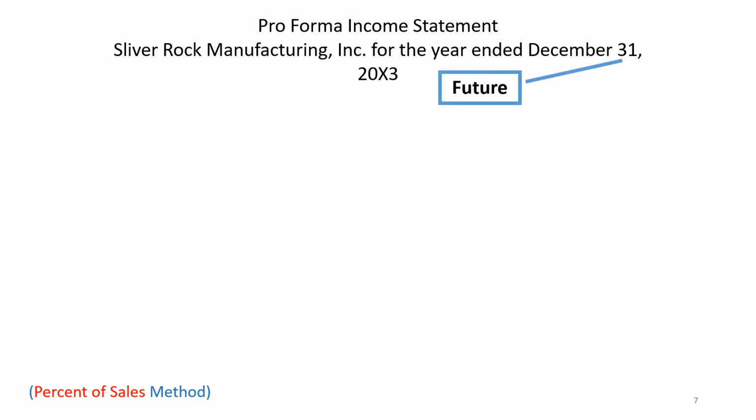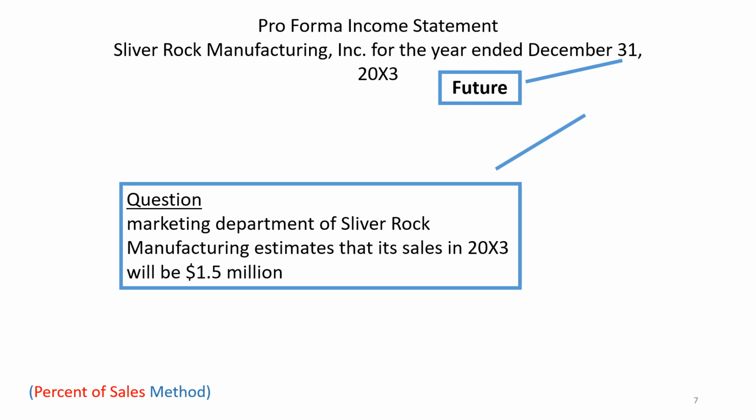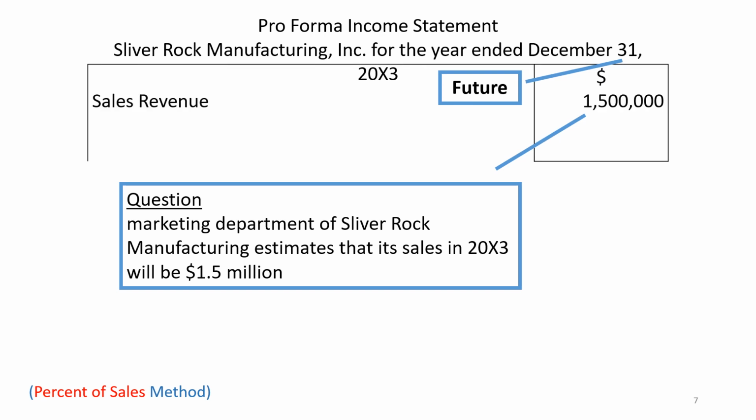I want to highlight to you 20X3 is a future period. The question states, the marketing department of Metroline Manufacturing estimates that its sales in 20X3 will be 1.5 million. So you have the forecast sales revenue of 1.5 million for the year 20X3.